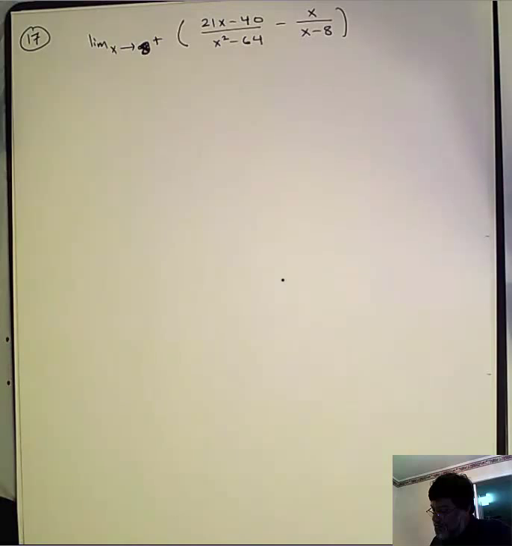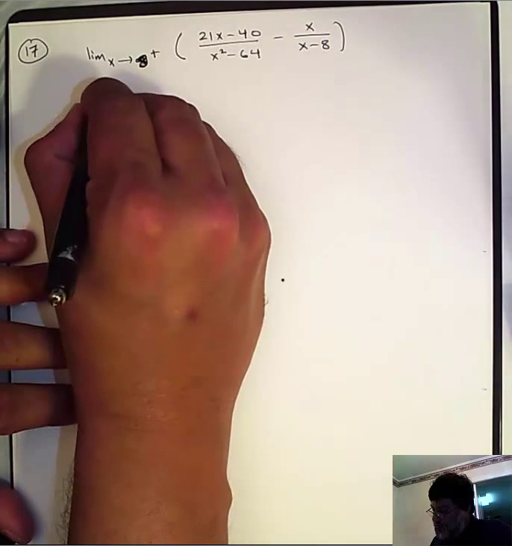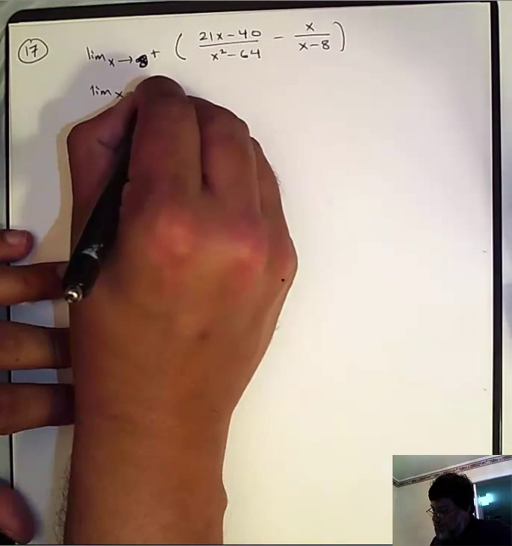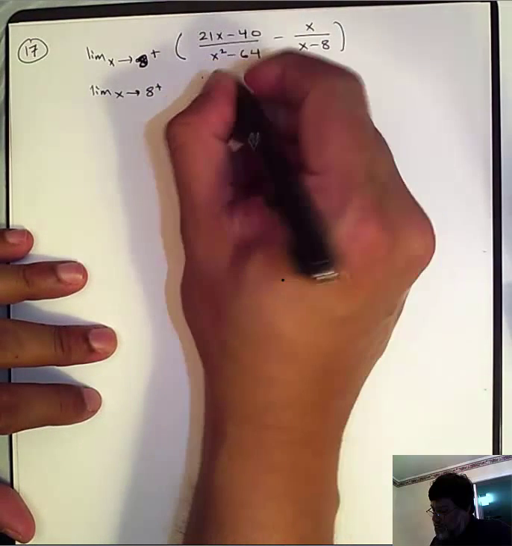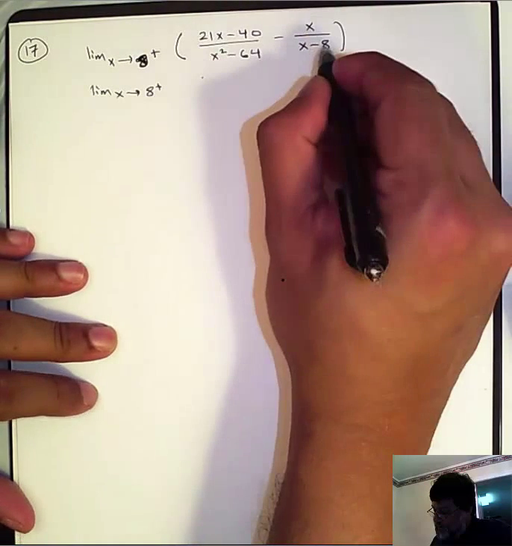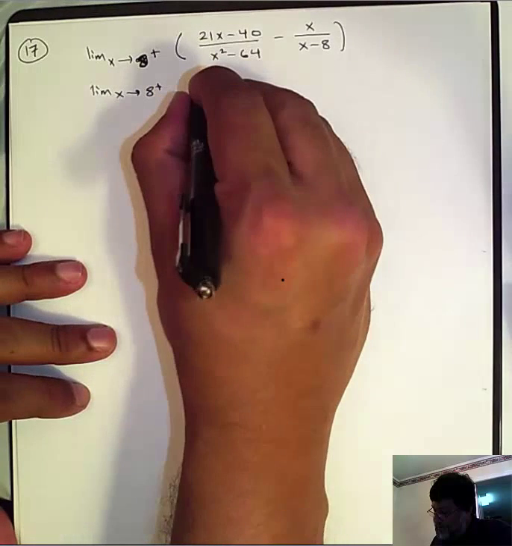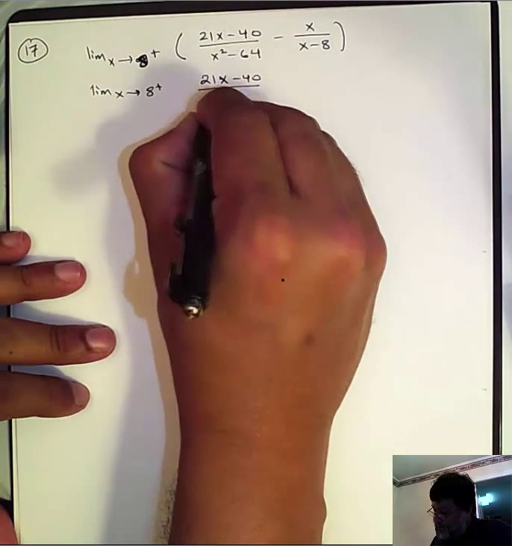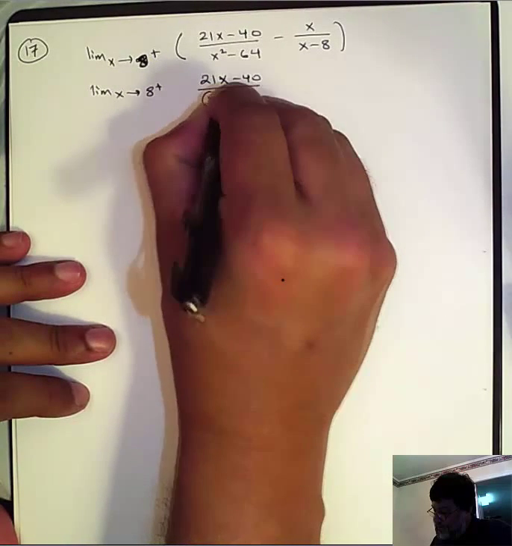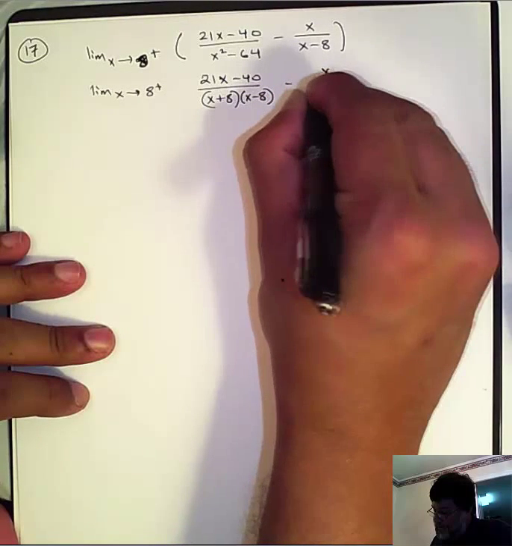It says evaluate the limit, use L'Hopital's rule if needed. Okay, so let's go ahead and put those two together by finding the common denominator. x minus 8 times x plus 8 will give you that. So that means what we're going to multiply here by.